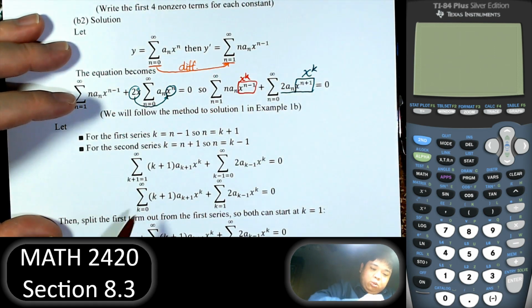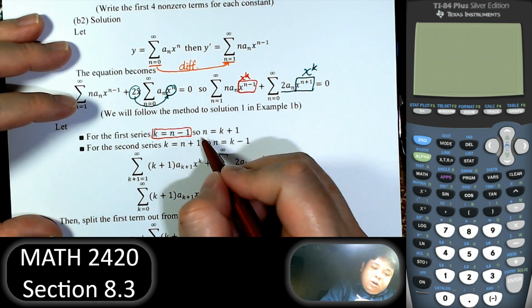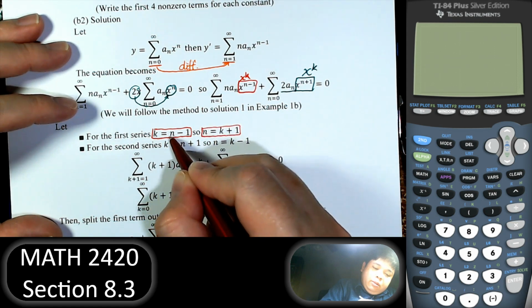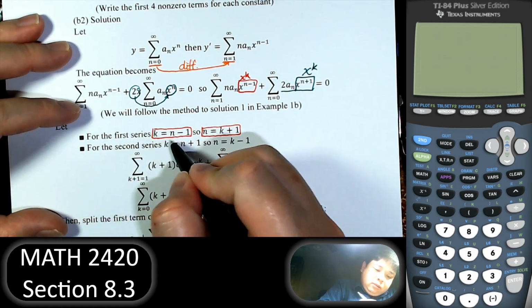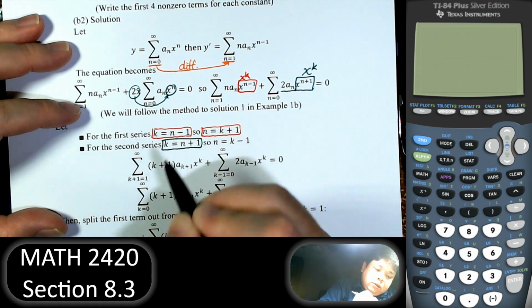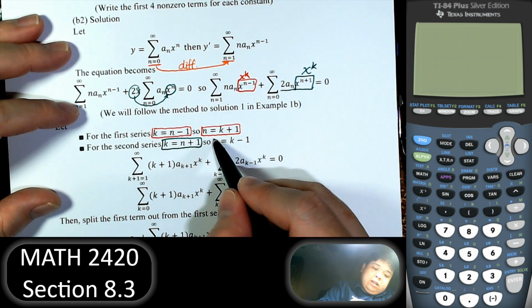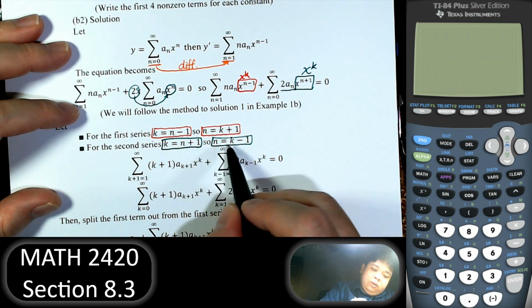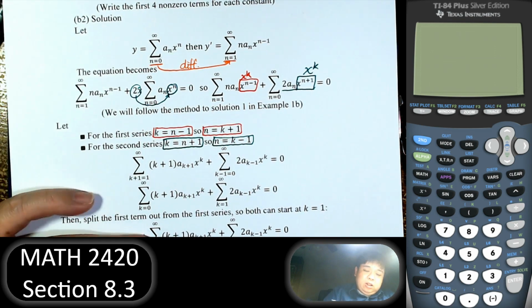So on the first series we have k equal to n minus 1, or n is equal to k plus 1. The second series, n plus 1 is k, so n is equal to k minus 1.